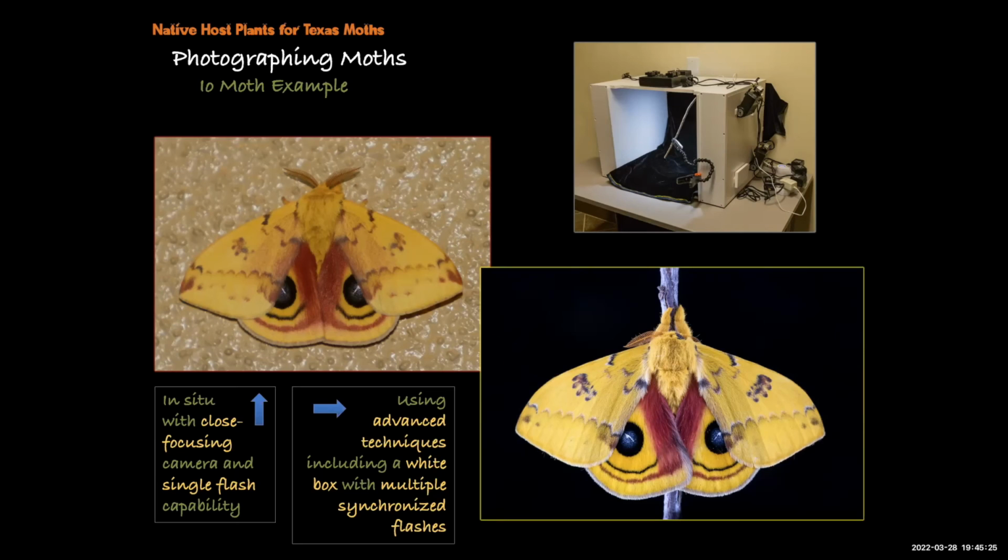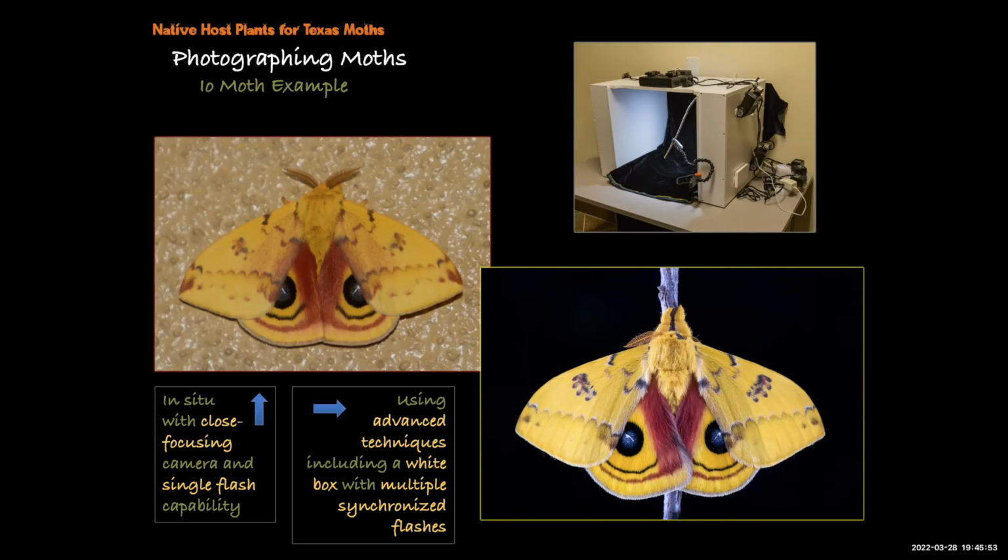So a friend of ours taught us this advanced technique. We use a white box. This is called a white box. This is the picture on your upper right. And it has 5 synchronized flashes in it, and it's got a master switch on our camera, so that we can position those cooled off moths that we had in the refrigerator on a stick or a piece of bark.